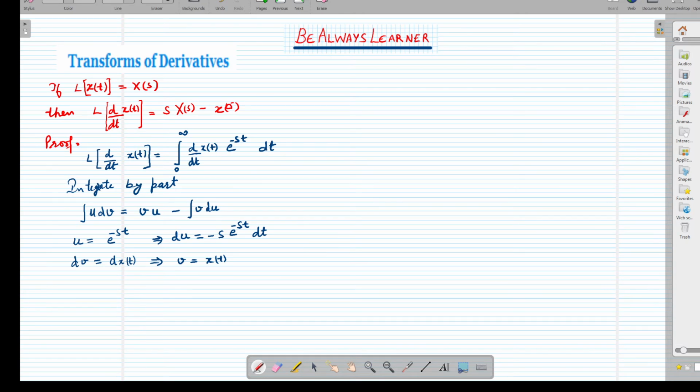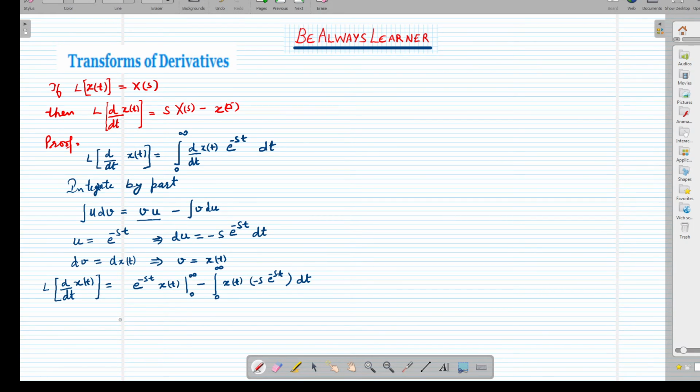Now, we can calculate the Laplace transform of the first derivative of x, which is equal to the first part, calculated by putting the values of u and v with the limit from 0 to infinity, minus the integration from 0 to infinity of x(t) times minus s e raised to the power minus st dt, as it is the value of v.